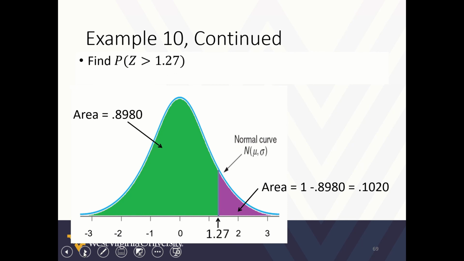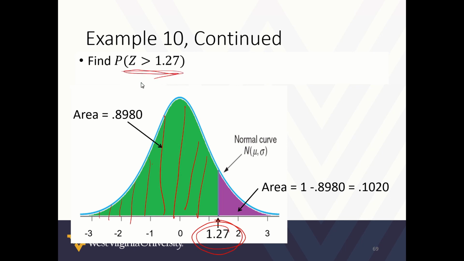So let's take it a step further. As I said before, this does give the probability of z less than or equal to our value. So when we looked up the 1.27 value, that gave us the area to the left of the curve, but we were actually asked to find the probability of z being greater than 1.27.